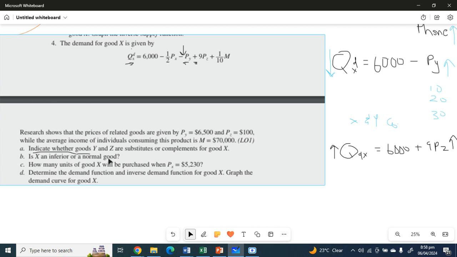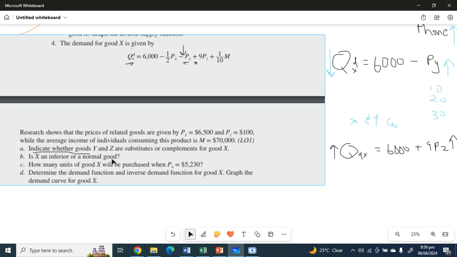Once your income goes up, you'll stop buying soya chunks. A normal good is a good where, when your income goes up, the quantity demanded for that good also goes up. Bread, butter, sugar, those are normal goods. For an inferior good, if your income goes up, the quantity demanded goes down because now you can buy better goods.